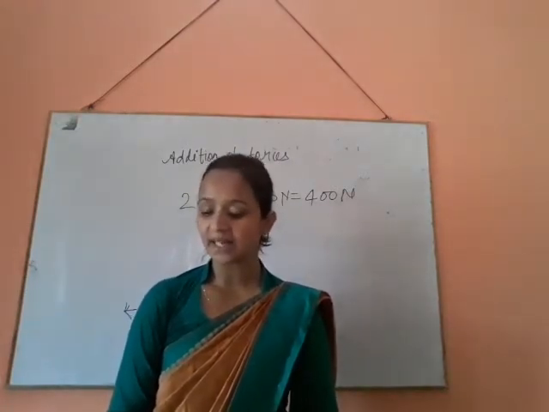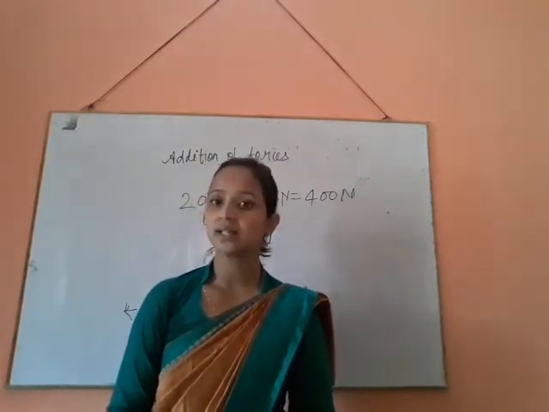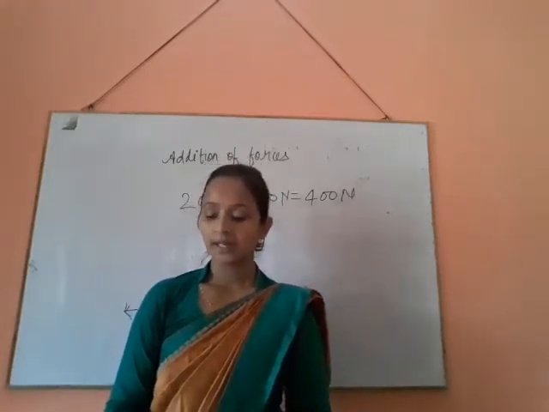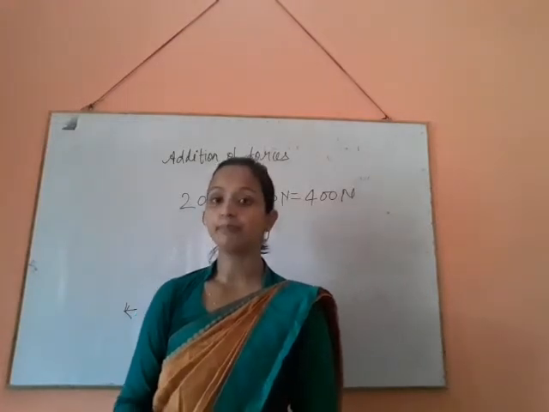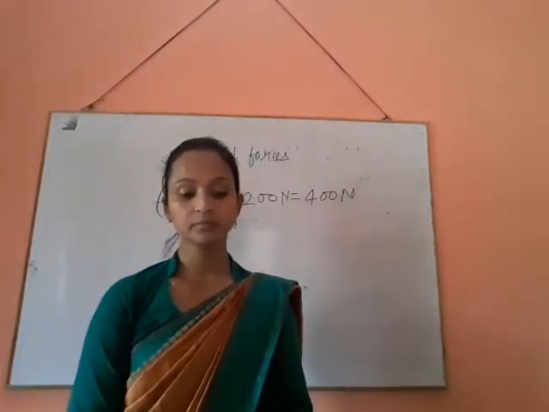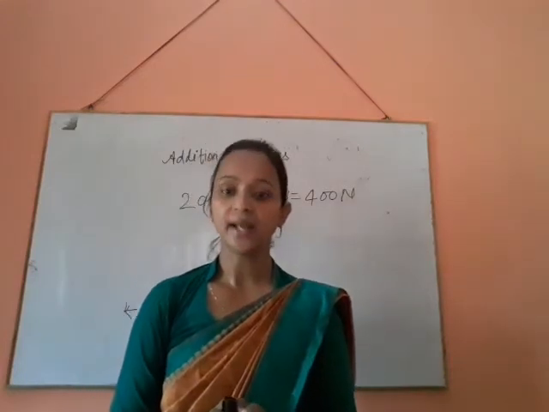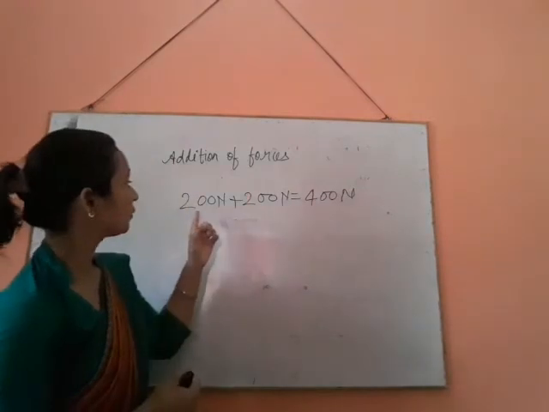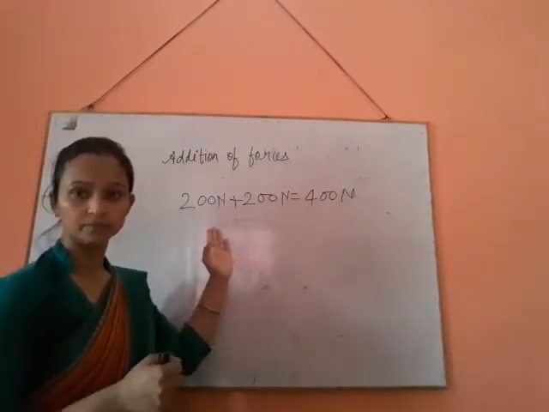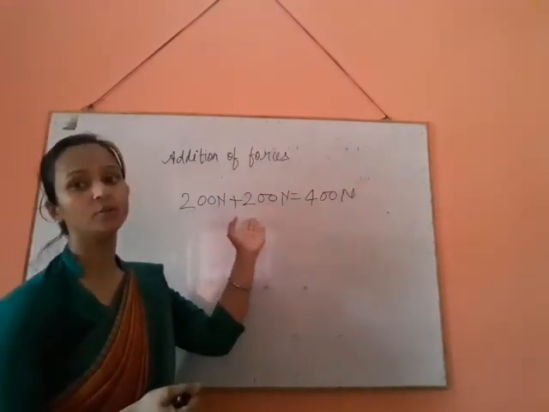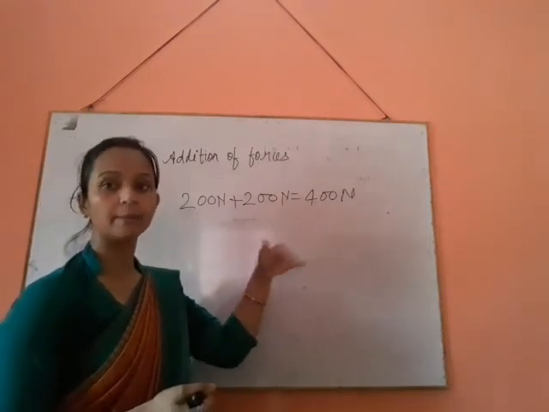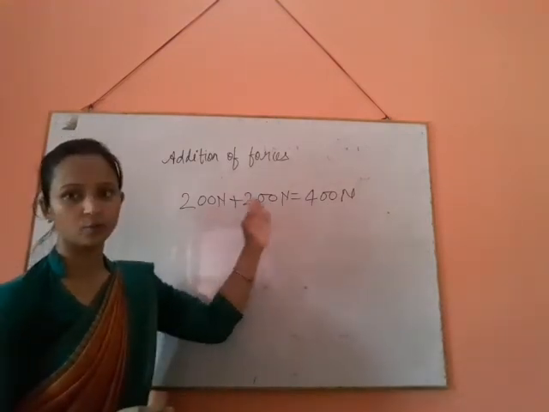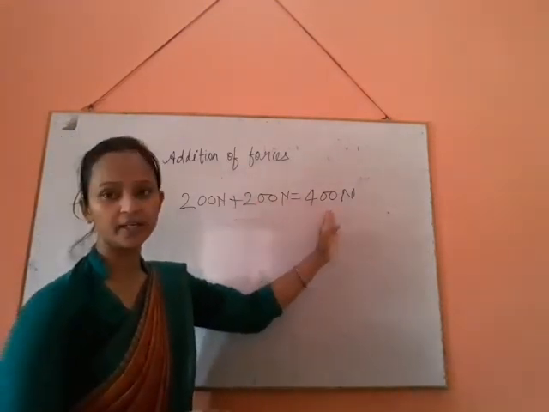The reason is that the two forces applied in the same direction get added and produce a large resultant, that is the net force: 200 Newton applied by the first boy and again 200 Newton in the same direction applied by the second boy. So 200 Newton plus 200 Newton is equal to 400 Newton.